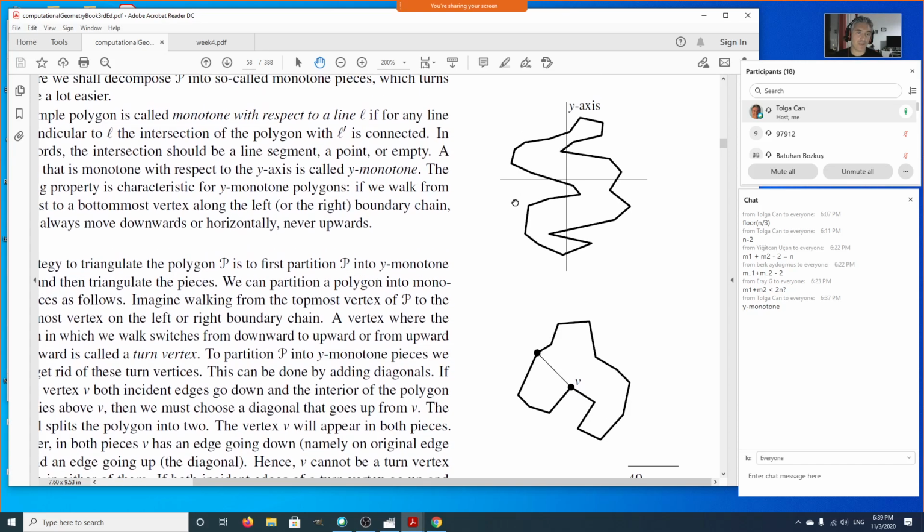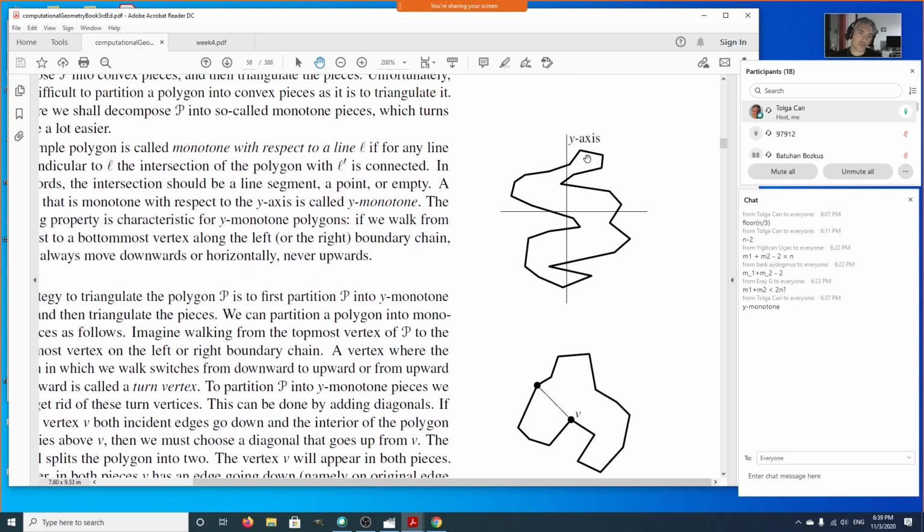Another way to look at a y-monotone polygon is considering the top vertex. From the top vertex, there are two chains. One of them is the left chain, the other is the right chain. If you follow the vertices on the left chain, their y coordinates are non-increasing, all right? Meaning that they either decrease or they stay the same. So that's a property of y-monotone polygons. If you start walking from the top vertex, you're always going down.